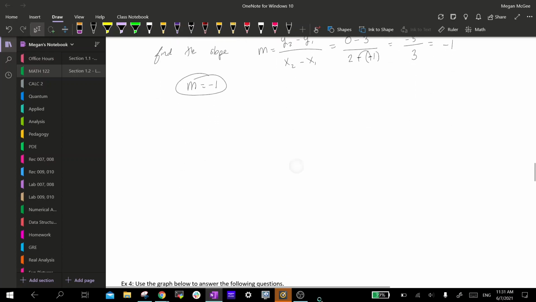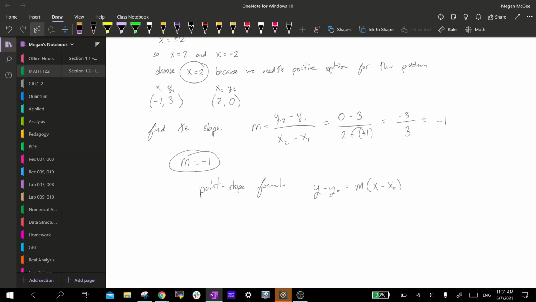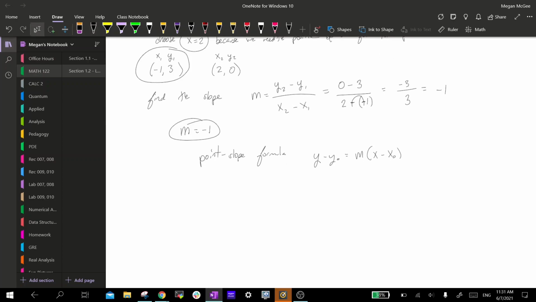Alright, so again, remember that looks like y minus y1 is equal to our slope times x minus x1. Alright, let's go ahead and pick our x1 and y1 here. We're going to use this point. Okay?